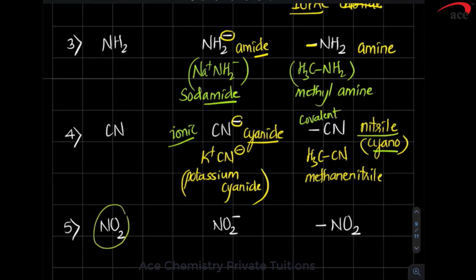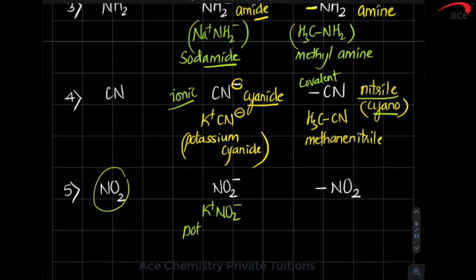Similarly, NO2. NO2 as ionic, KNO2. Do you know the name of this? Correct. It is potassium nitrite, ite. You remember nitrous acid? And you remember the anion coming from nitrous acid?